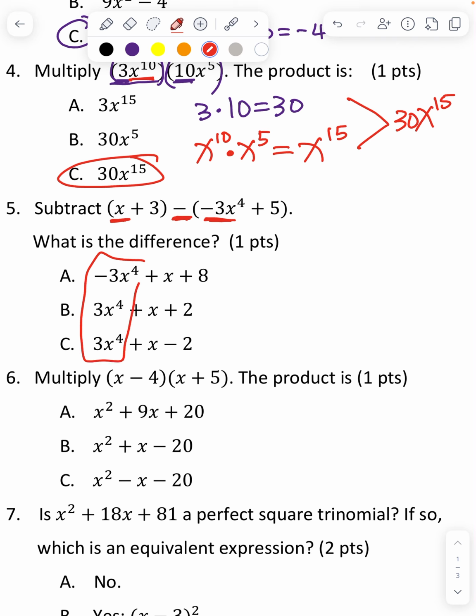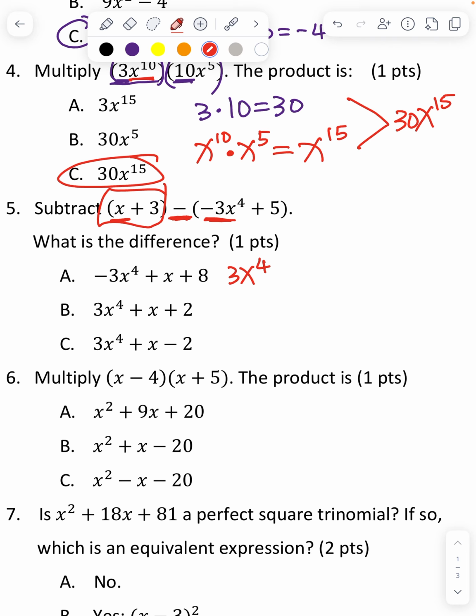Let's start with x raised to the power of 4. There's nothing in the first part that has x raised to the power of 4. We're going to start from negative, negative, negative. That becomes positive, right? So it's a positive 3x raised to the power of 4.